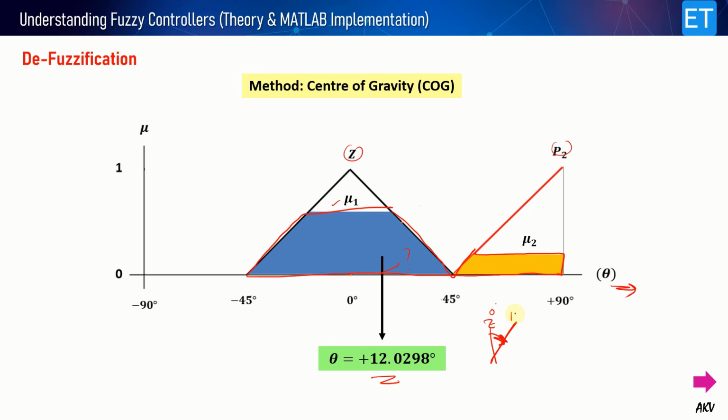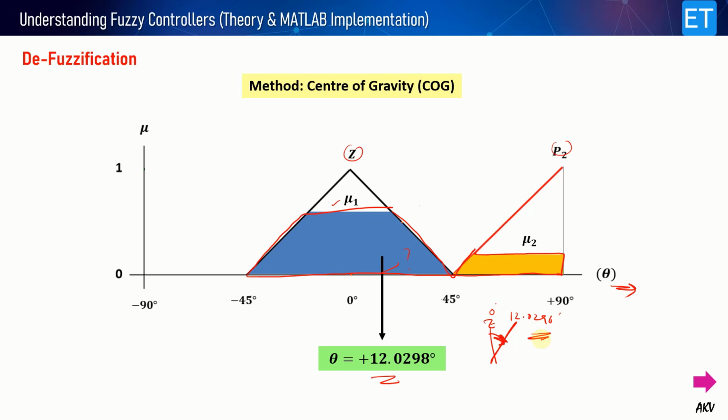So that is 12.0298 degrees. This is how the FLC gives output. For any input combination within the range of temperature and pressure, you can try any combination and you will get the output.